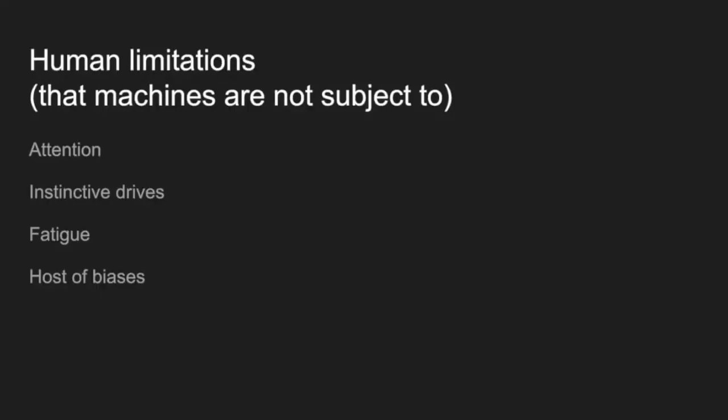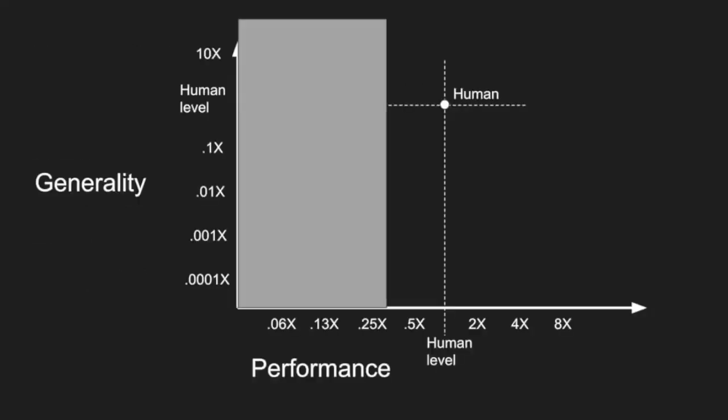Things like limited attention, instinctive drives, how every part of us fatigues, and a host of cognitive biases, all of which put some distance between us and perfectly rational or perfectly efficient or optimal behavior. Machines, by comparison, have a more nurturing environment in which to take root. They don't have to evolve. We're trying everything we can to encourage them.